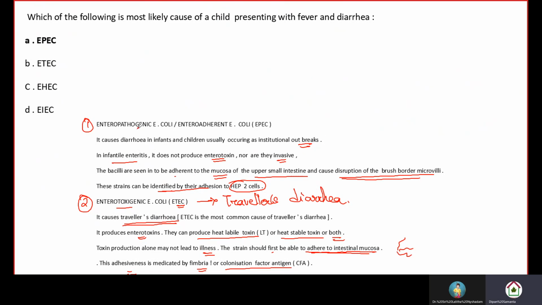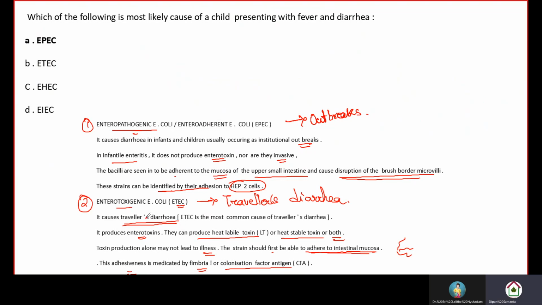Outbreaks: we haven't studied outbreaks for the other strains. Outbreaks are caused by enteropathogenic E. coli. Infantile enteritis is caused by EPEC, enteropathogenic E. coli.